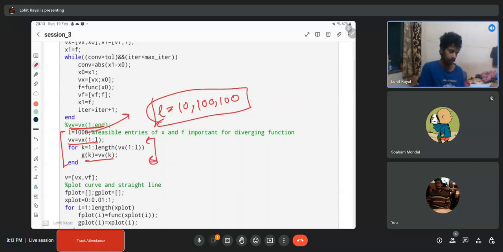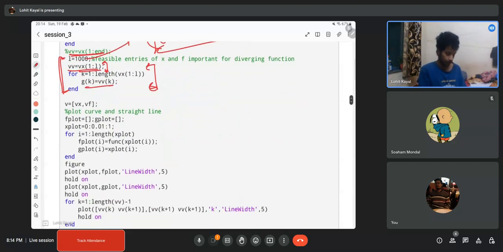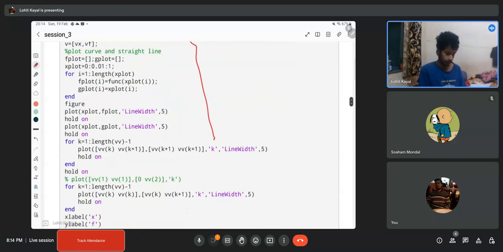If you don't do this, you will find some error in your problem. Here I am just modifying this, so V takes values from 1 to L, up to 1000. The other part of the code is the same.